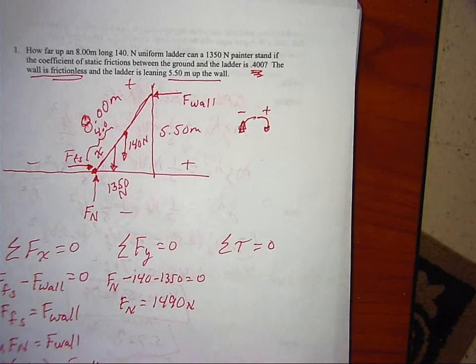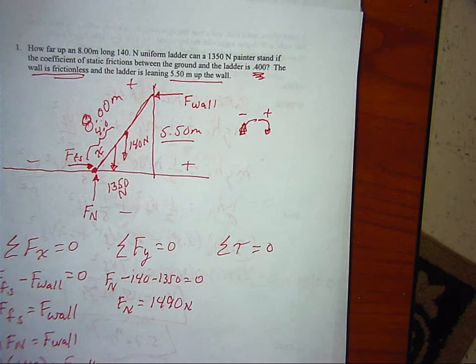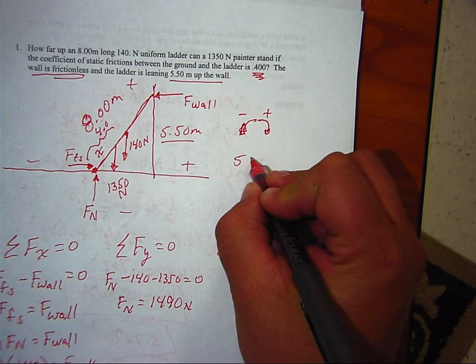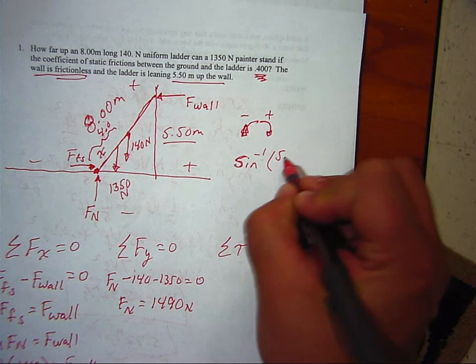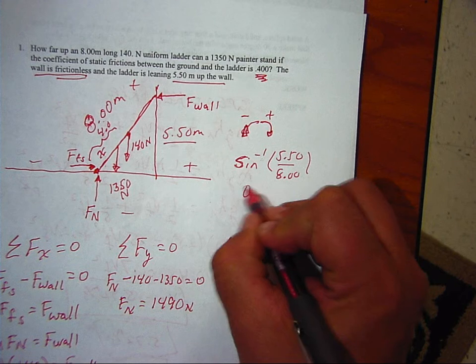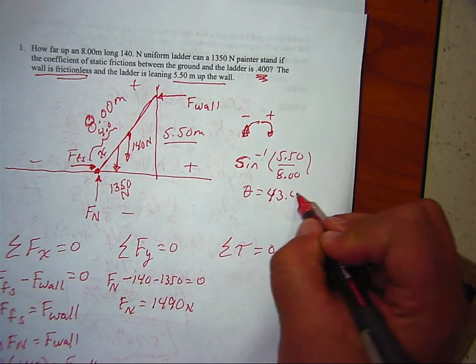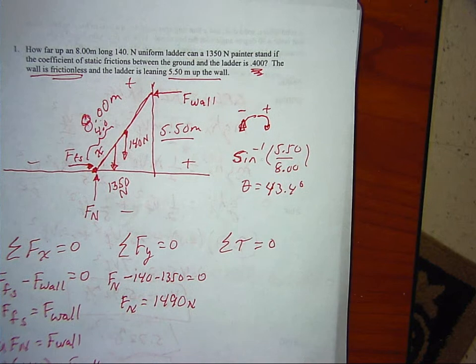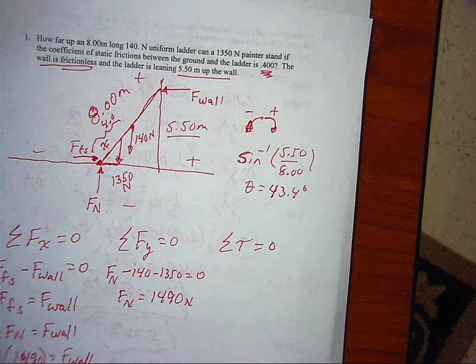Do you want to find the angle? Oh, yes, we need that angle. So if I want that angle, I have opposite and hypotenuse. It's inverse sine of 5.5 over 8, which is 43.43 degrees. So 43.4 degrees. All right, so here we go. This side, I'll draw it up here.